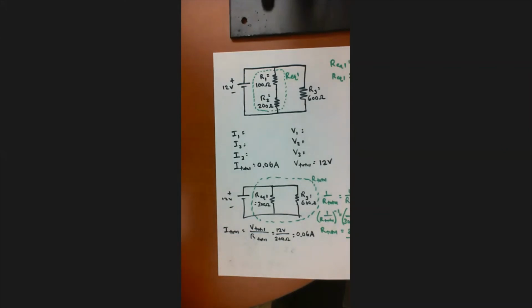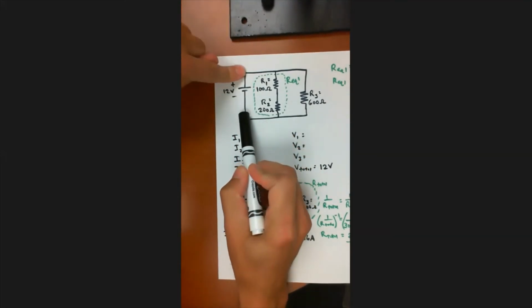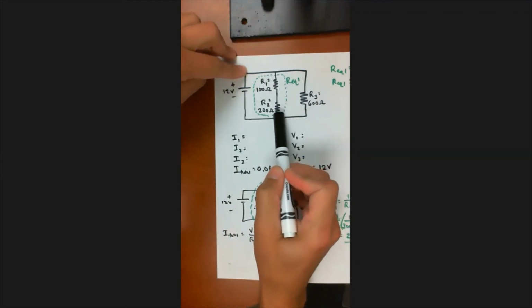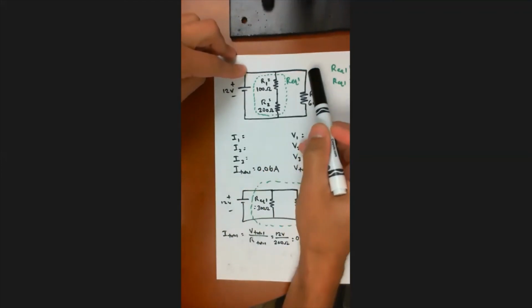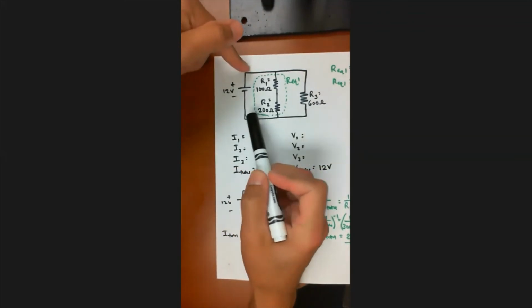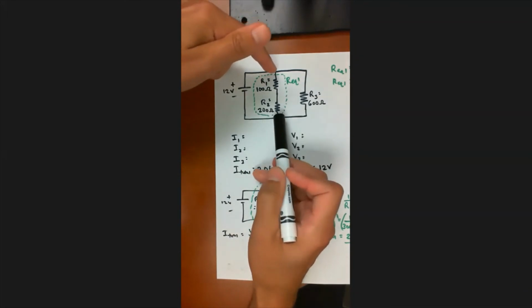All right, so what should I do next? Well, the most intuitive thing to me to do next is to say, I know V total here, and guess what? R equivalent 1 is in parallel with R3, and I know the voltage drops for both of those. So I don't necessarily care about the voltage drop across R equivalent 1.